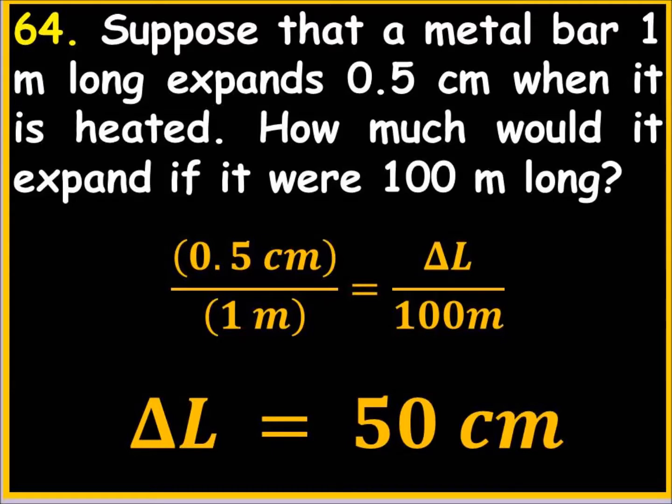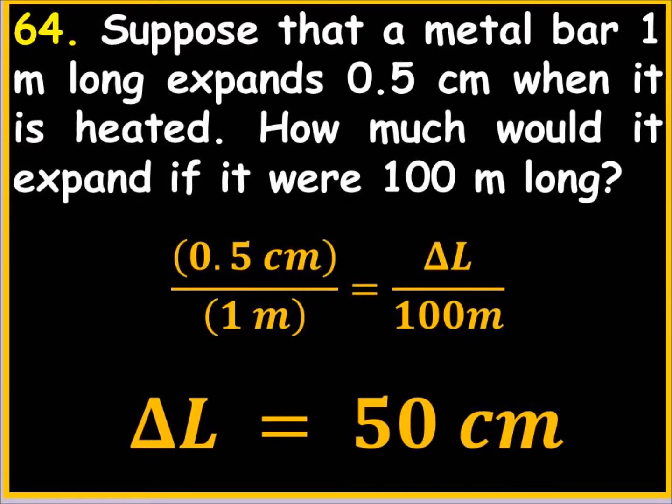The linear expansion of metals is a direct linear relationship. So it would be 0.5 centimeters over 1 equals delta L over 100. And solving for delta L, that's going to equal 50 centimeters.